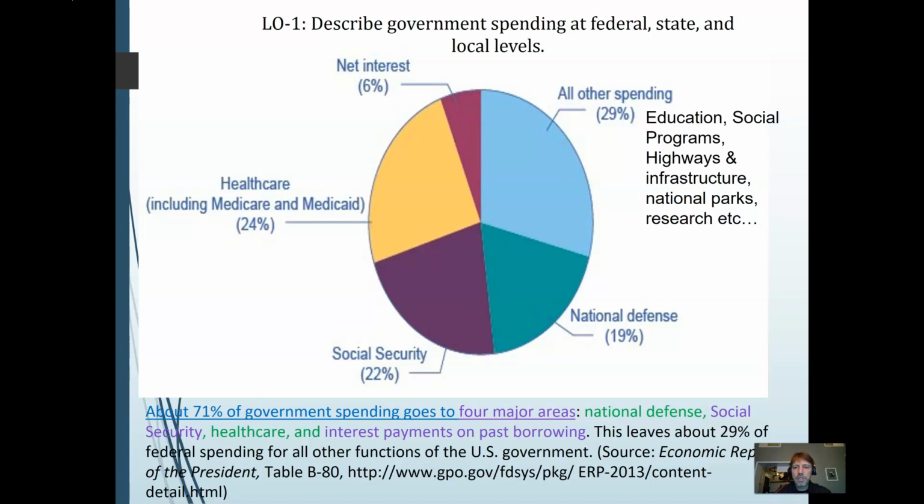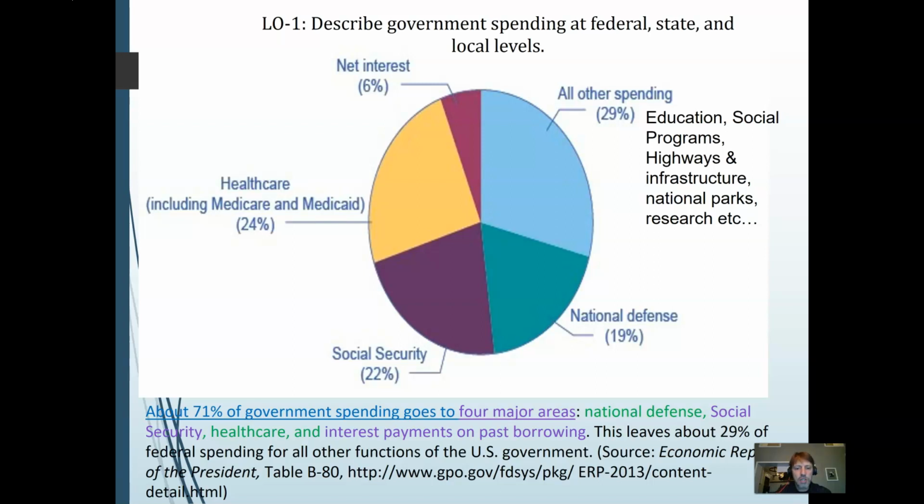All other than the national government spending are on other things like education, social programs, infrastructure, highways, national parks, research grants and research work that the government is involved in, etc. So about 71% goes out to four major areas of that: national defense, social security, healthcare, and then interest payments on borrowing.